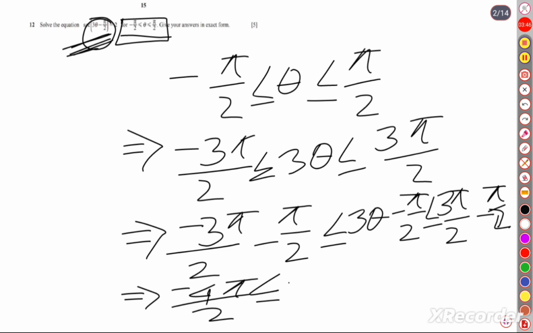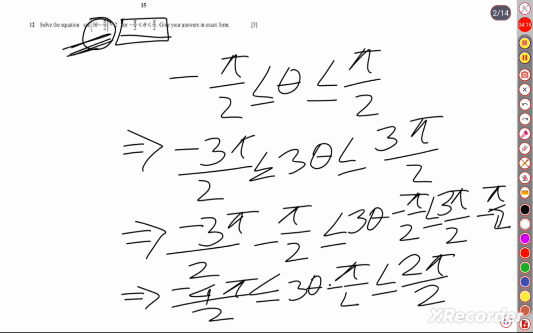On the right side, from 3π if we subtract π, it is 2π over 2.